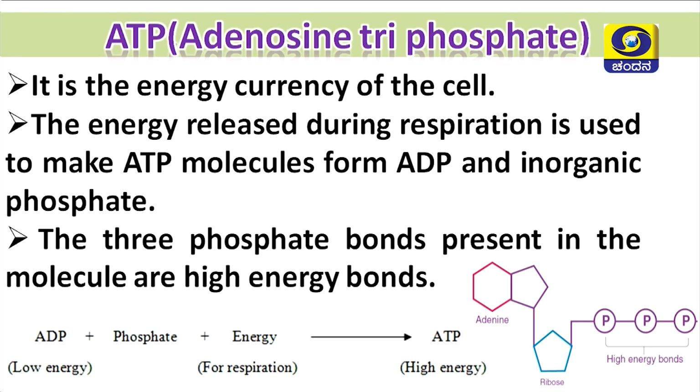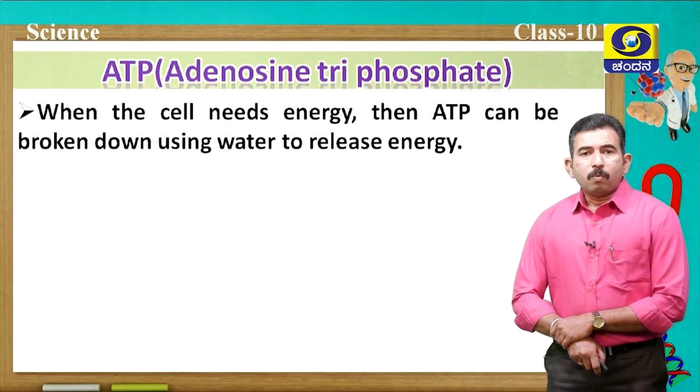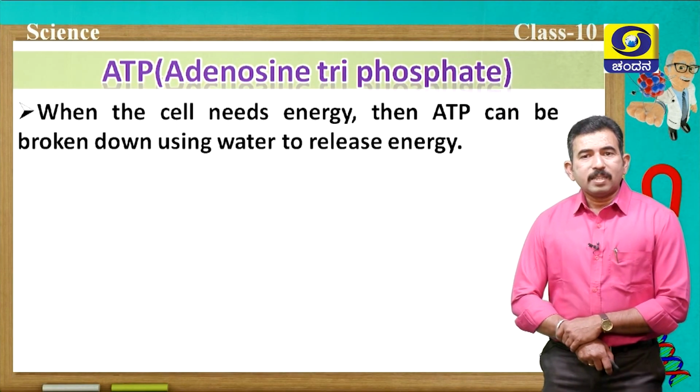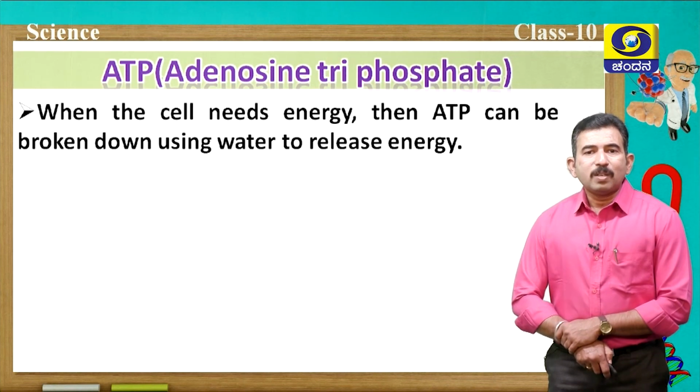The 3 phosphate bonds present in the molecule are high energy bonds. This ATP is a high energy molecule which is stored inside the cell. When the cells need energy, the ATP can be broken down using water to release energy.